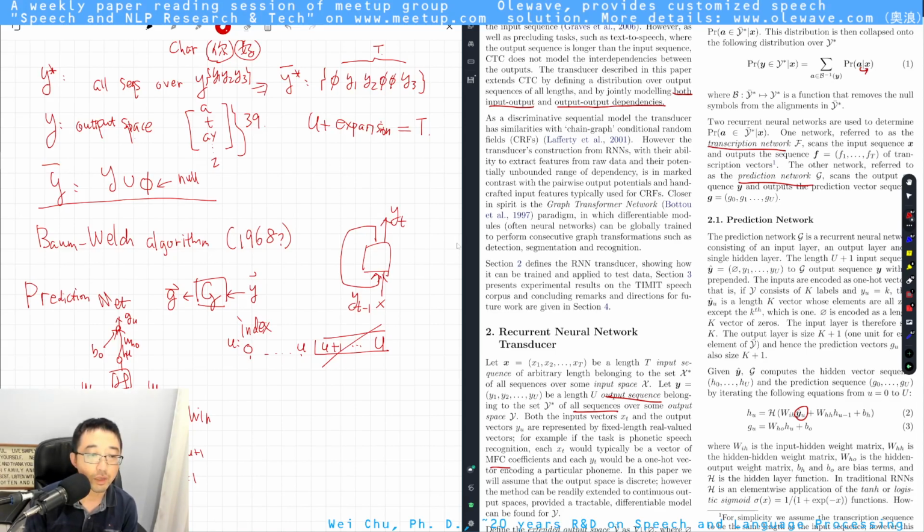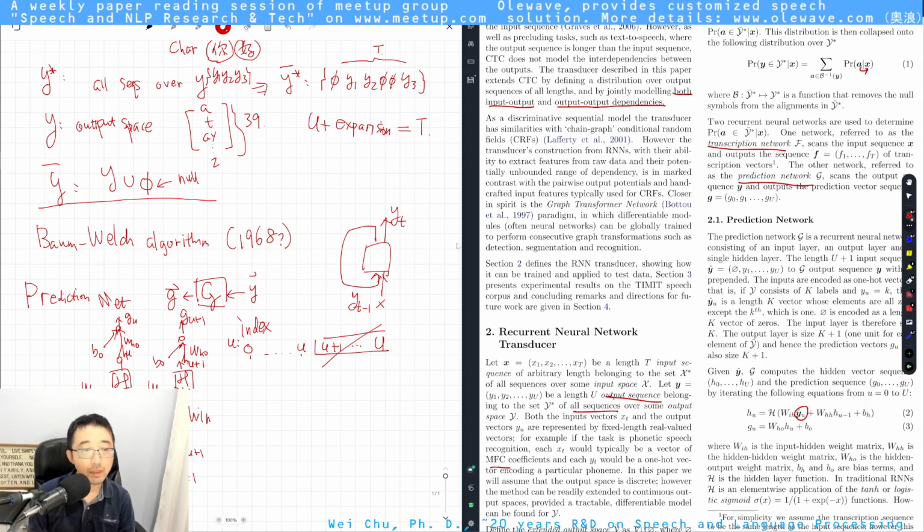And after you got this, it's the same nonlinear operation. And then you got H U plus 1. And then you got the WHO and the BO. After you add this, you got a GU plus 1.